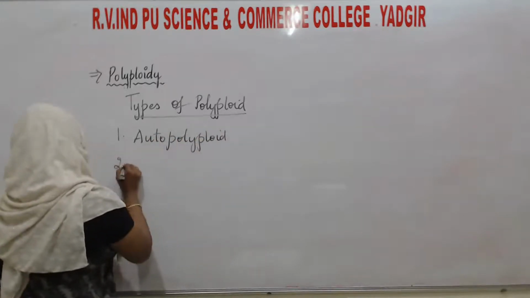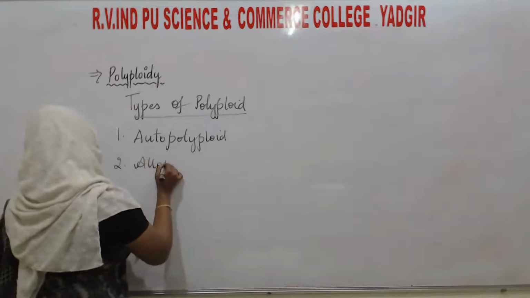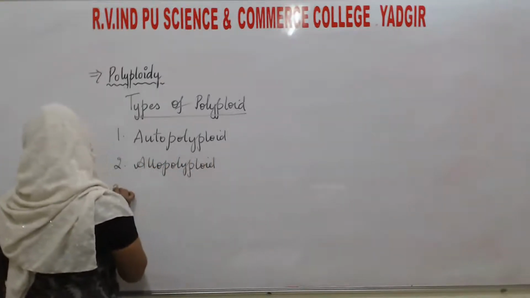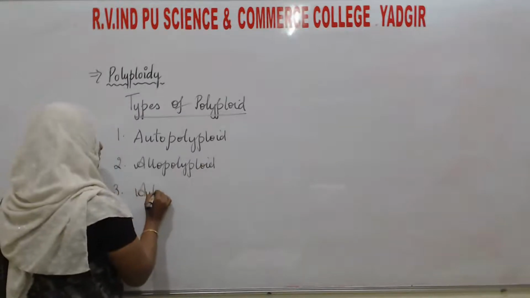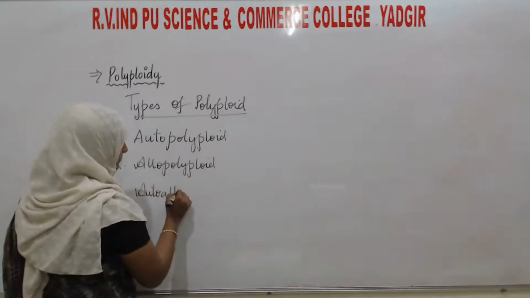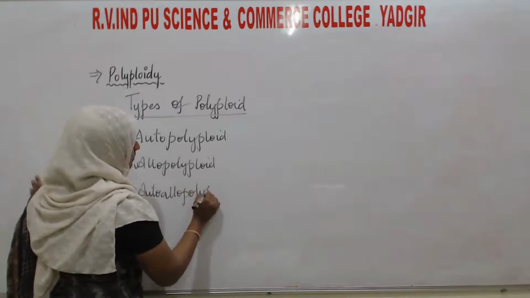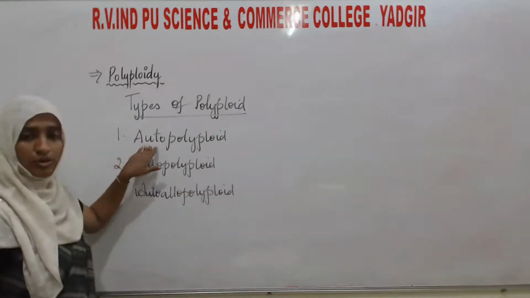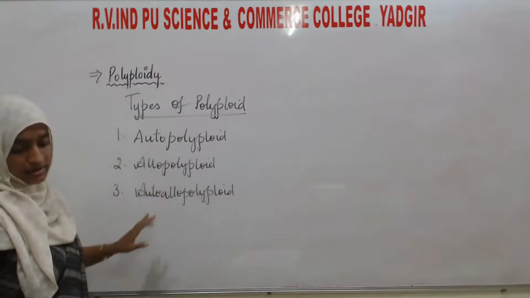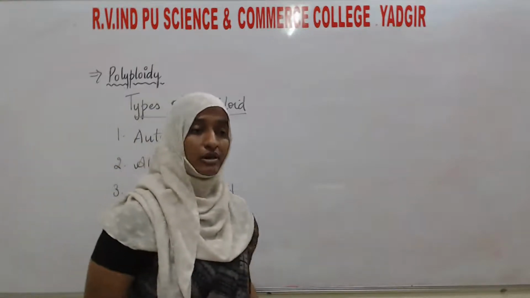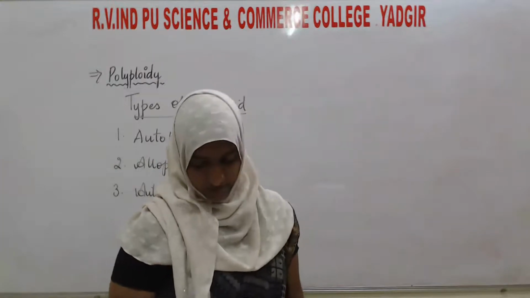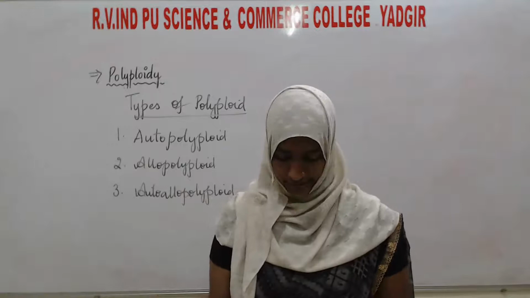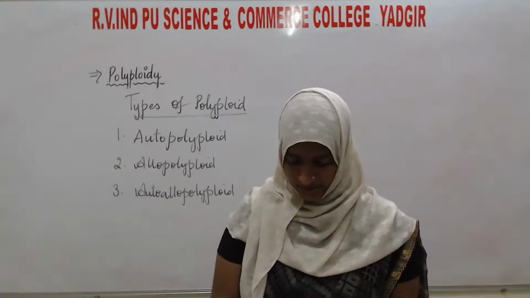Second is allopolyploid. Third is autoallopolyploid. Okay, see here. What do you mean by autopolyploid, allopolyploid and autoallopolyploid?